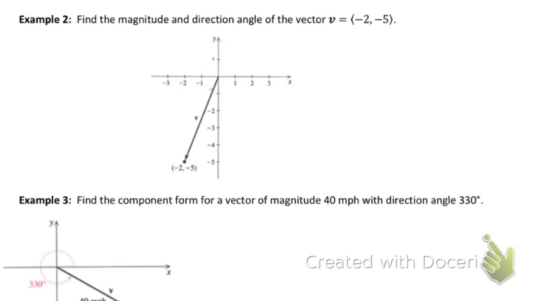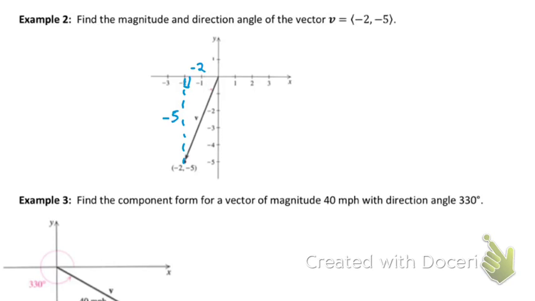So first of all, let's make a right triangle. And we're always going to make our right triangle by connecting our terminal end to the x-axis. So you'll either be going up or down always to create your right triangle. Our right triangle is going to look something like that, where our base is that -2, and the height of it is going to be our -5.